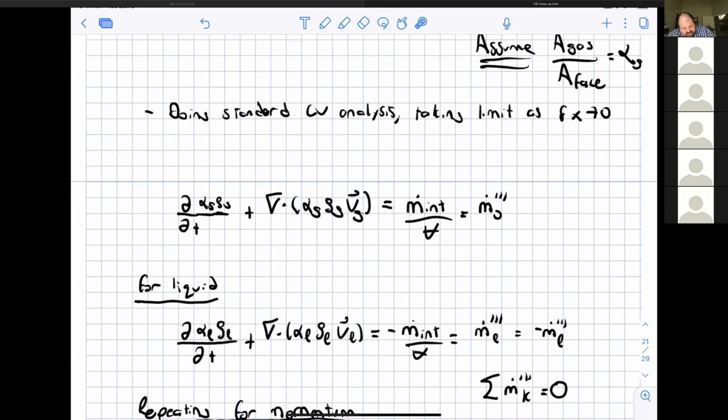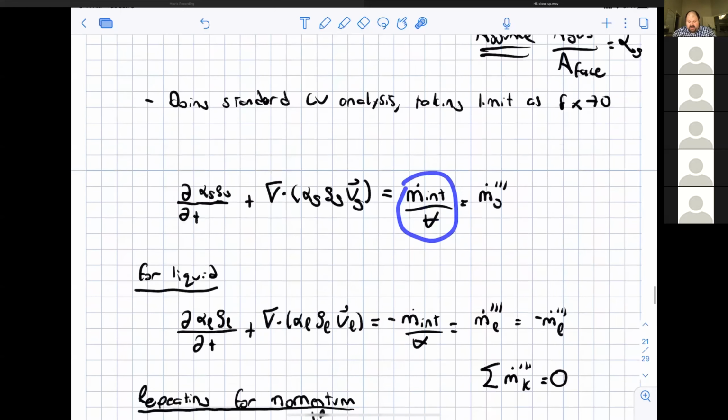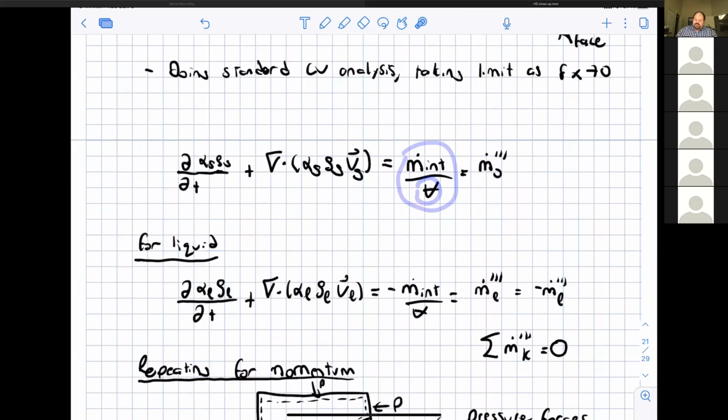And when you do that, we have our governing equation for gas phase mass: the time rate change of gas phase mass, which is the volume fraction times the density of the gas, plus the divergence of the volume fraction times the gas phase density times the gas phase velocity, equals the total amount of mass flow going through the surface, divided by the volume.